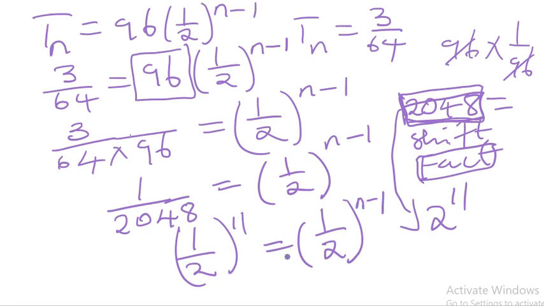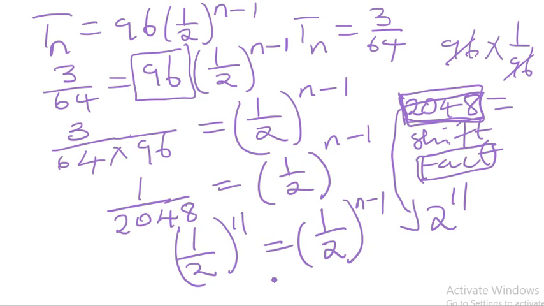Why are you doing it like this? This problem now becomes an exponential problem. If n is the exponent and you are looking for n, the bases should be the same. Here the base is 1 over 2 on both sides, so we can equate the exponents straight away.